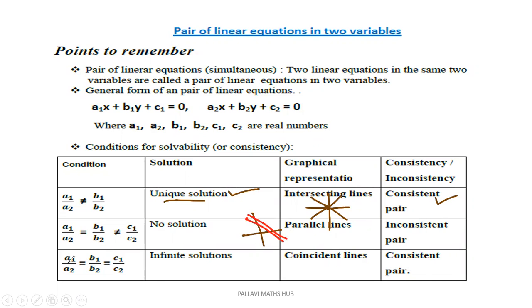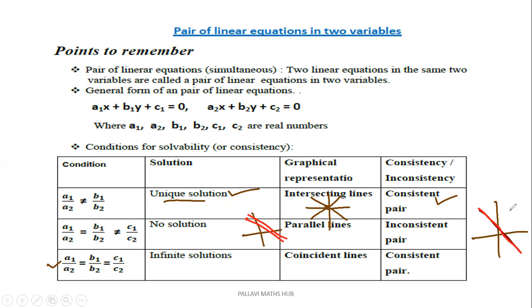Next, if a1 by a2 is equal to b1 by b2 is equal to c1 by c2, then it is a coincident line. Coincident line means, with the x-axis and y-axis, the two lines coincide.